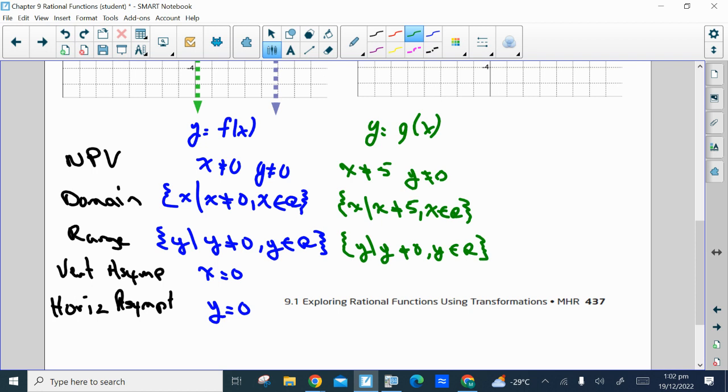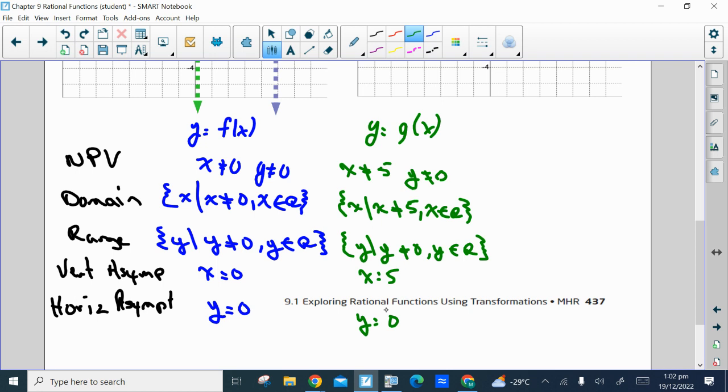And our vertical asymptote is now the line x equals 5. Again, they're equations of lines, so they have to have a variable and they have to have an equal sign.